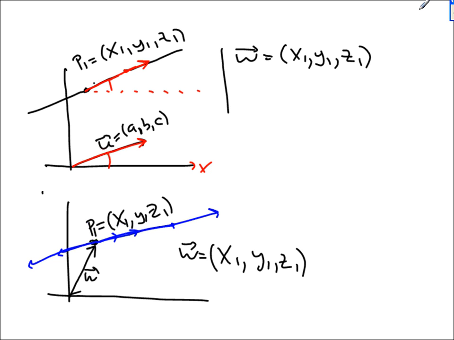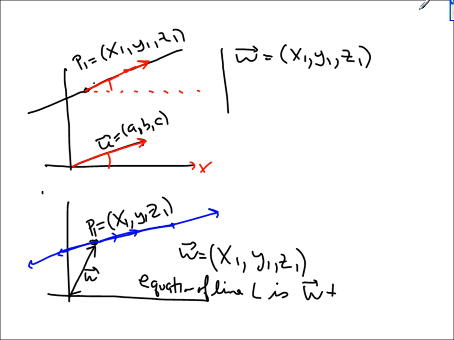All right, the equation of the line, we'll call it L, is, first, you start at the origin and you add w, which is a concrete vector. We know the length. The length of w is whatever it is.